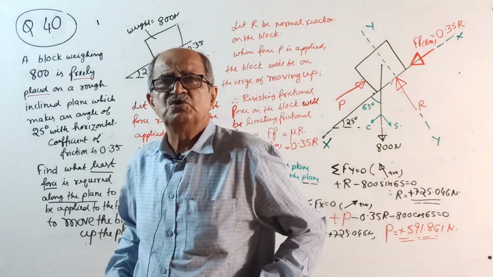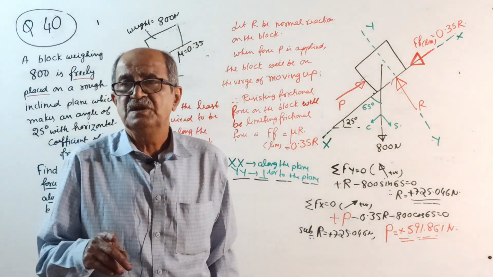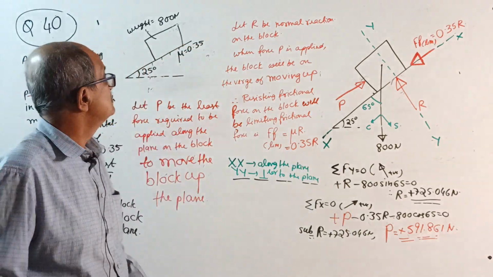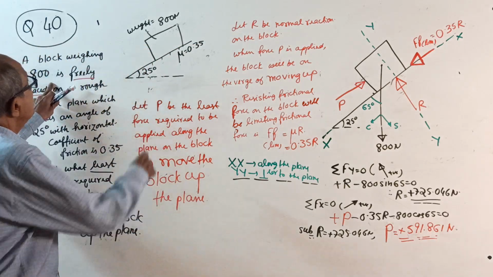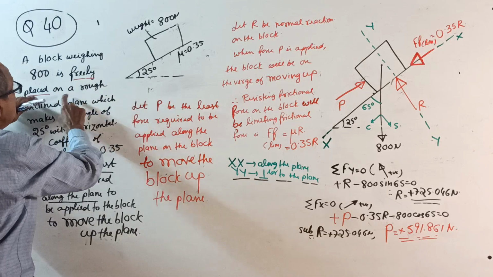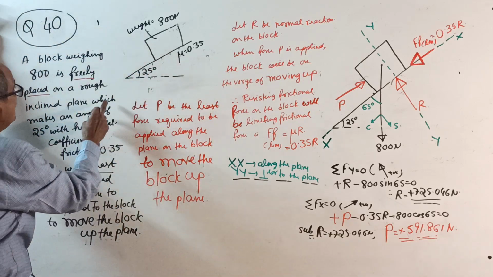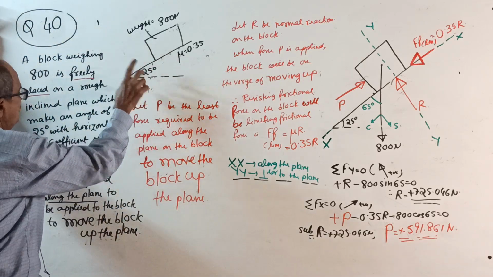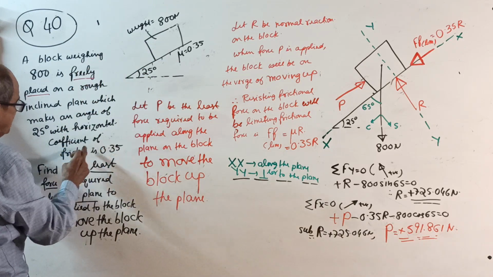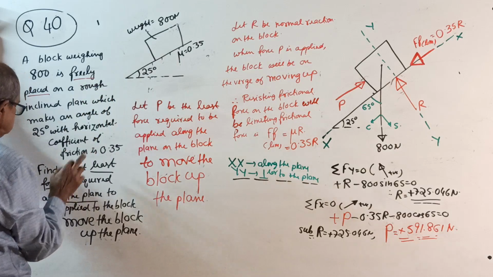Now, last question for today's class. Remember, the concept changes now. A block weighing 800 Newton is freely placed on a rough inclined plane which makes an angle of 25 degrees with the horizontal. Coefficient of friction is 0.35.